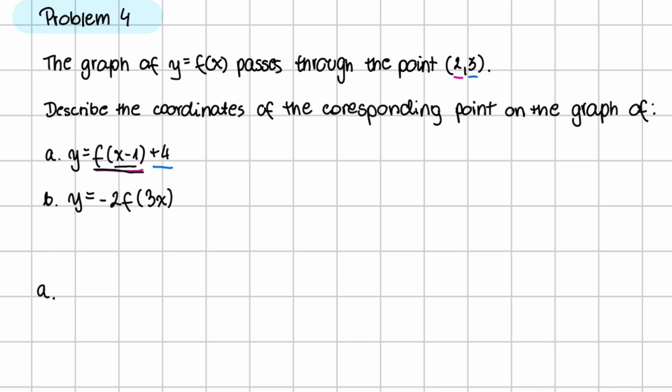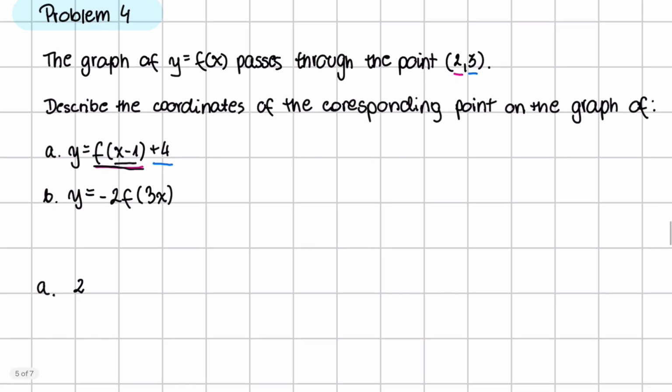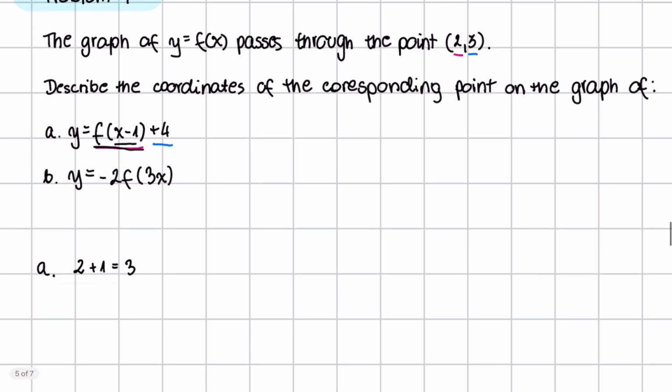So our starting point, 2, because we are only working on x for now, is 2 plus 1, so our new x is 3. It's very important not to be confused by this sign, because if we have x minus something, our new point is our x plus something.